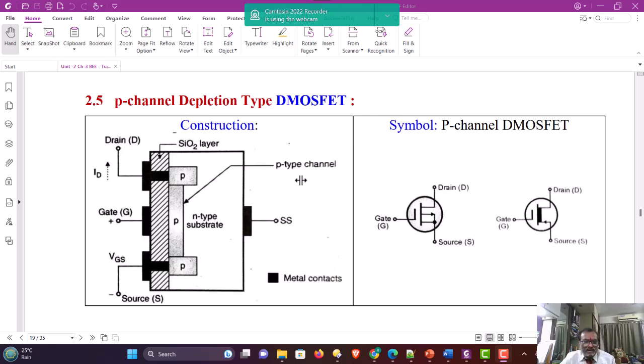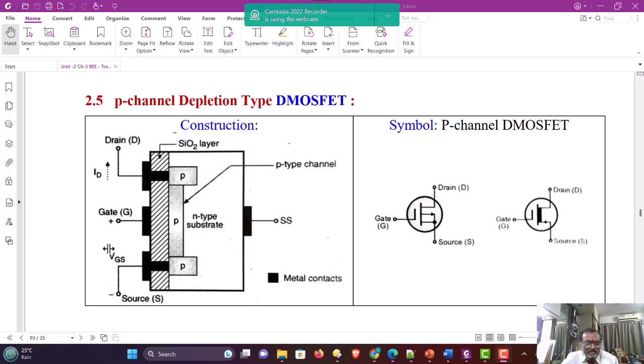Another type of depletion MOSFET is the P-channel depletion MOSFET. Now, what is the difference? You will see instead of an N-type channel here, it is a P-type material channel, whereas the substrate is instead of P-type, now N-type. The channel is formed by P-type material and the remaining things, the SiO2 layer and gate, are the same.